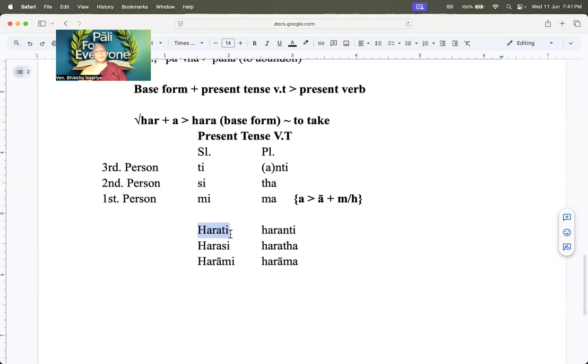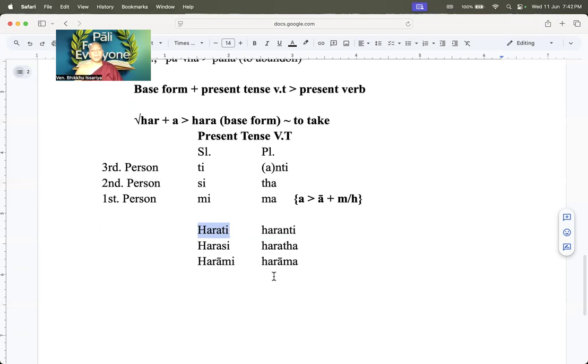So to pronounce smoothly: haradi, harandi, harasi, harata, harami, harama are also okay.